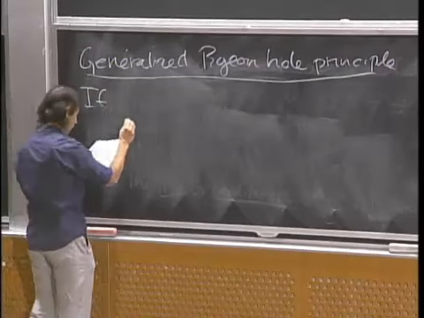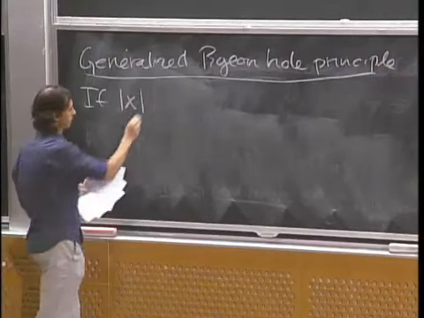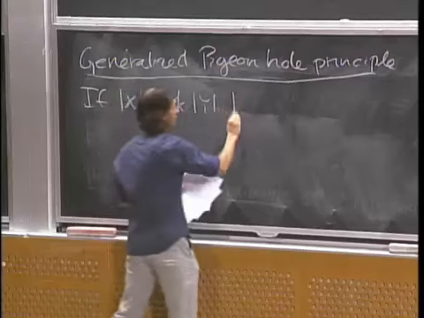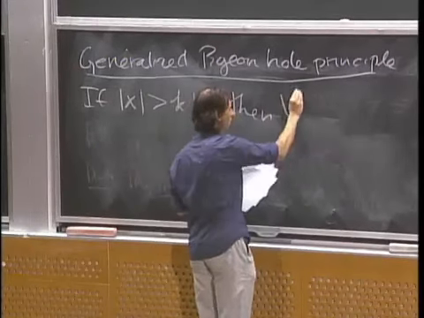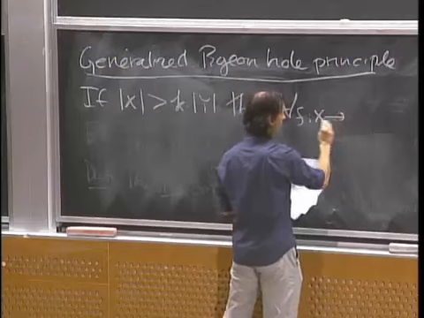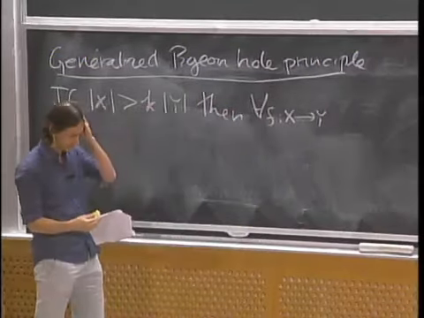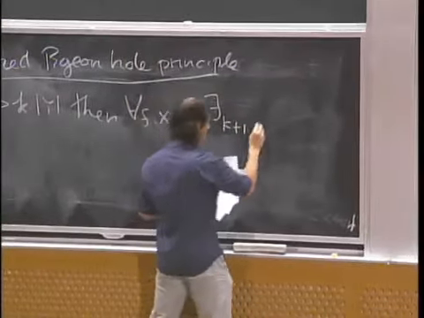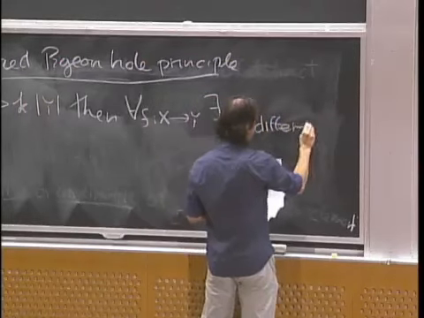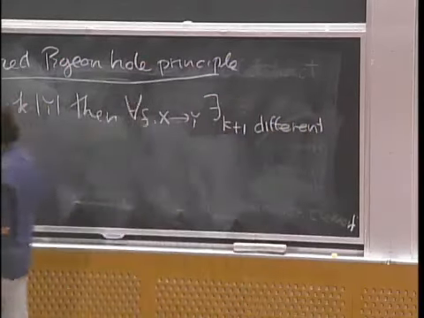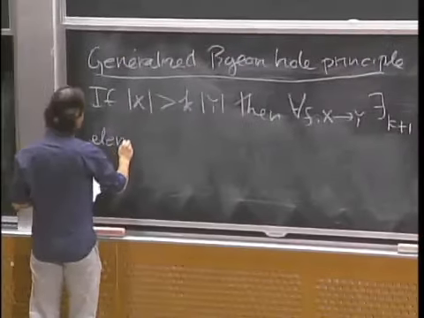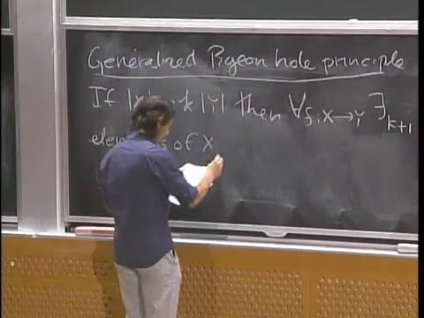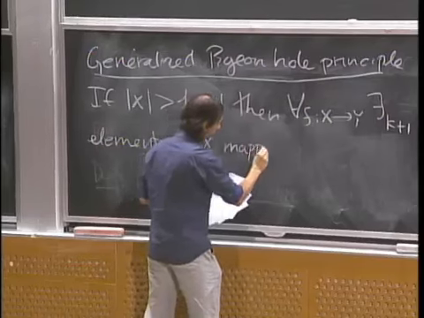If I know that the cardinality of a set X is more than k times the cardinality of a set Y, what do I know? Well, I know that for all functions f that have domain X and range Y, there must exist k plus 1 different elements of X that are mapped to the same element in Y.